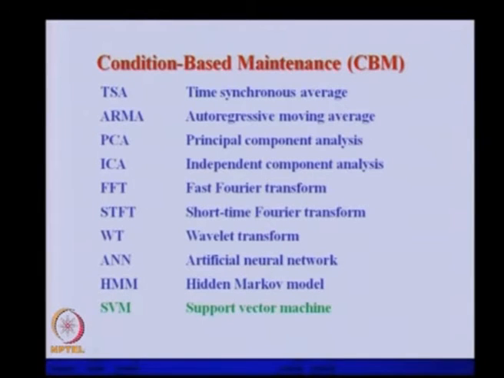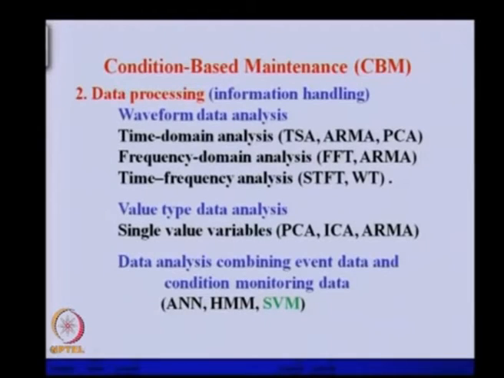Describing each of them is beyond the scope of this particular lecture, but some of them you will know, like fast Fourier transform, short time Fourier transform, wavelet transform, artificial neural network, hidden Markov method, support vector machine. So, these are various techniques by which we can process the data, and we can have some kind of expert database with us.